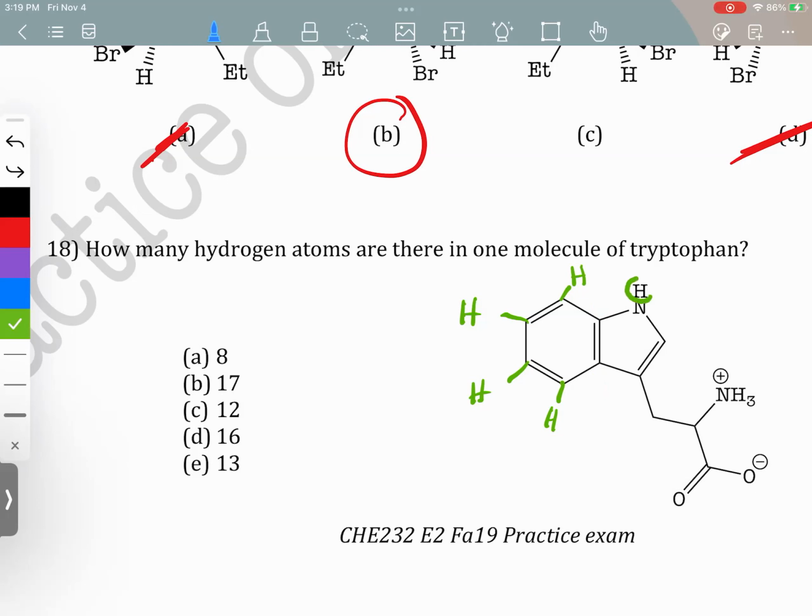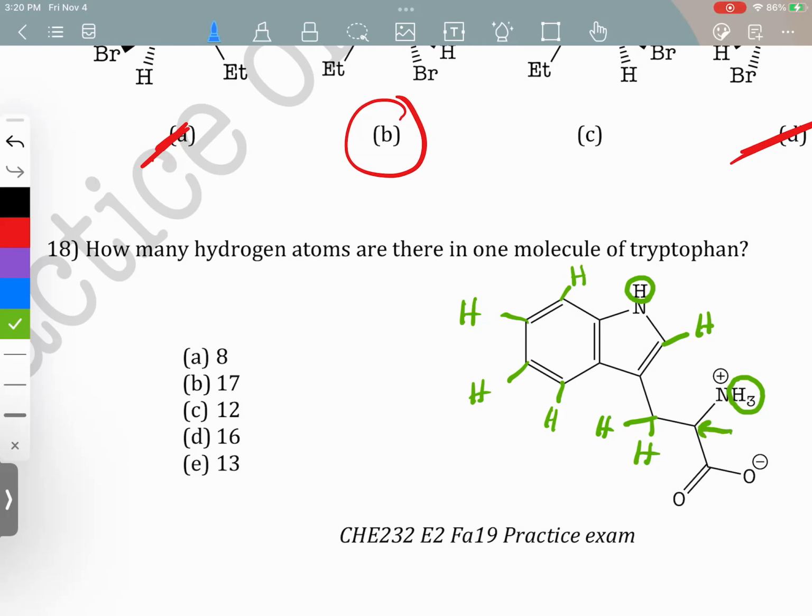There are hydrogens on this nitrogen, so you have to count that too, and this other one over here too. Are there any hydrogens on this carbon? Yeah, one. What about this? No, 4 bonds, so no. How many are on this carbon? Two.